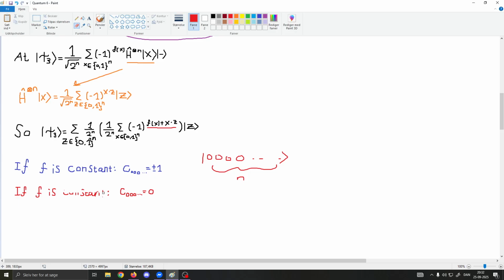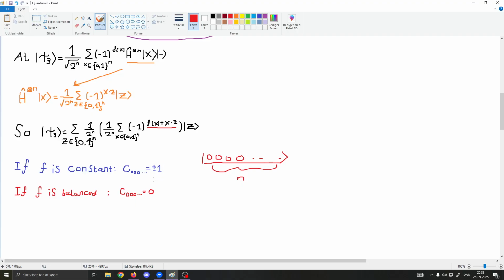Excuse me for a second. This function distinguishes whether the function f is constant or balanced by measuring the amplitude corresponding to the ket 0, 0, 0, 0, 0, etc.